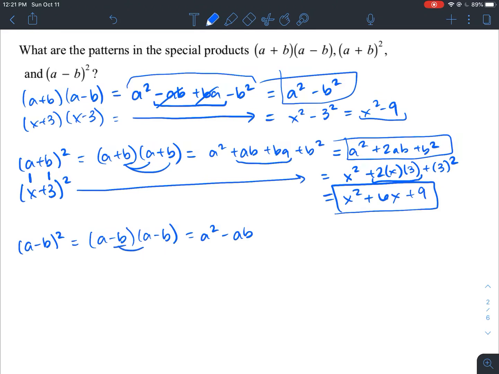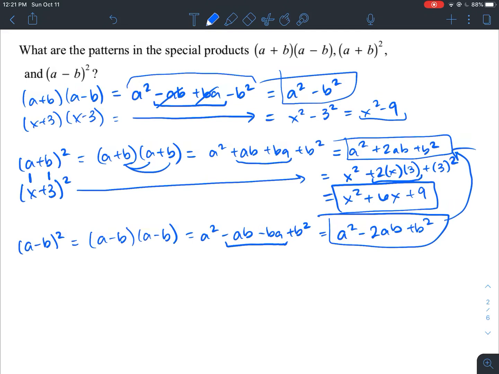Negative b times a is minus ba. Negative b times negative b is positive b squared. Combine these middle terms, see how they're both negative this time, so that's equal to a squared minus 2ab plus b squared. So you see how similar this is to this one right here.